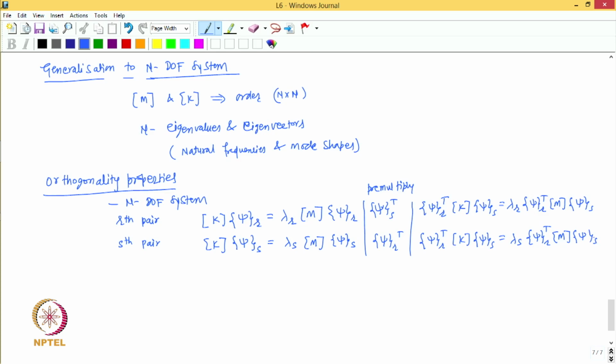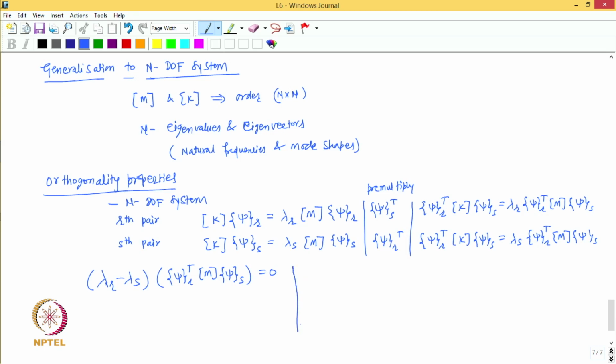And now if I subtract these two equations that we obtained after pre-multiplication, then we see that the left hand side involving the stiffness matrix cancels out, and we are left with lambda r minus lambda s times psi r transpose m psi s is equal to 0.